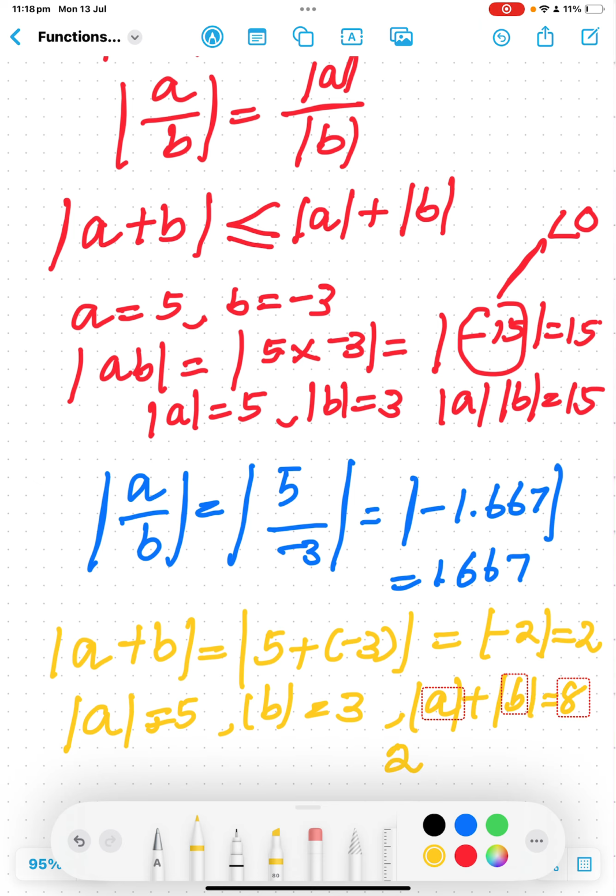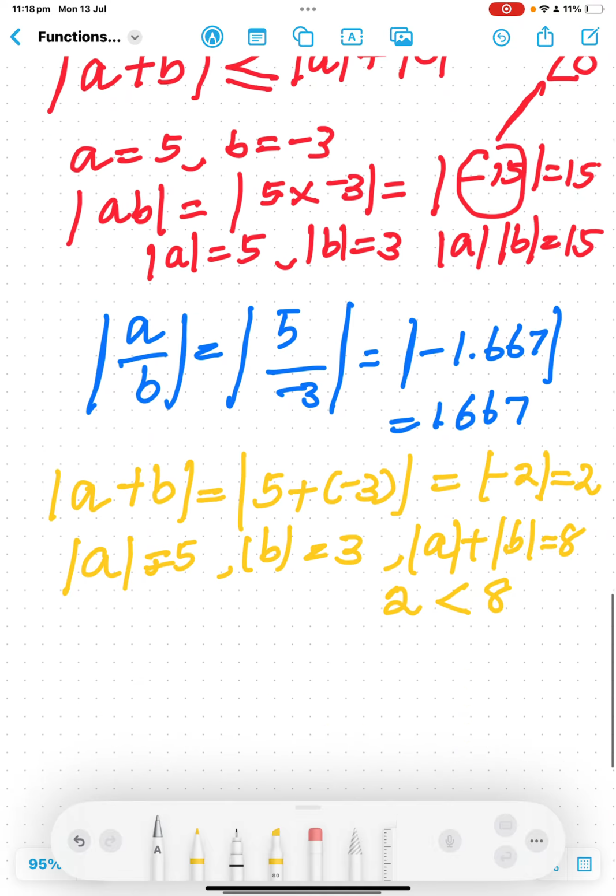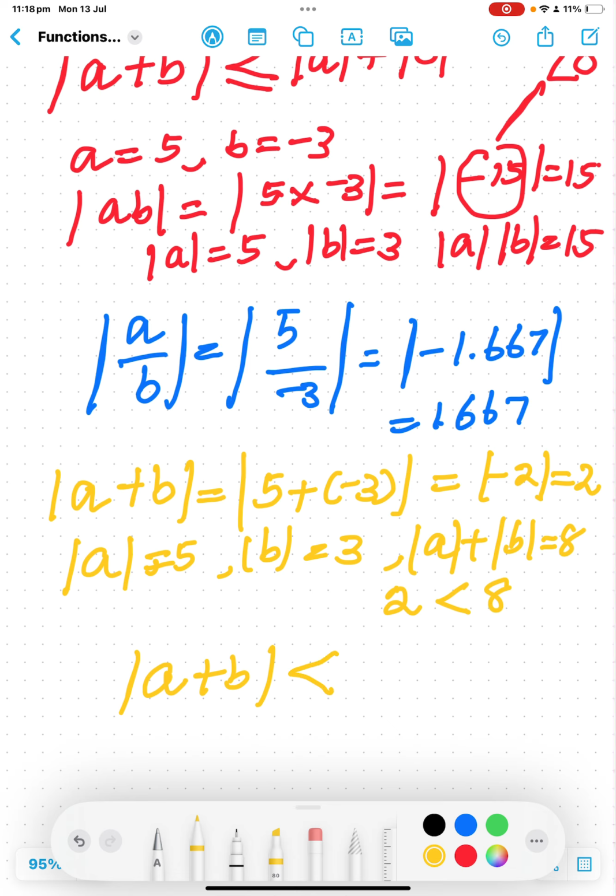So 2 is less than 8. Therefore we can say modulus of a plus b is less than or equal to modulus a plus modulus b.